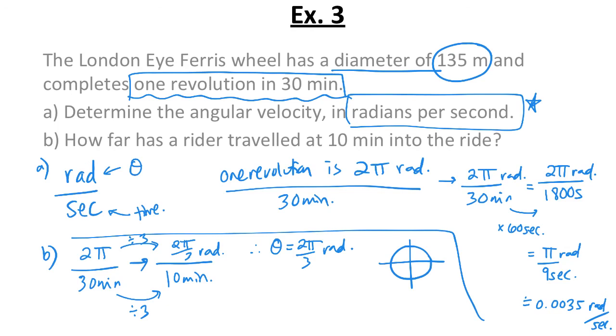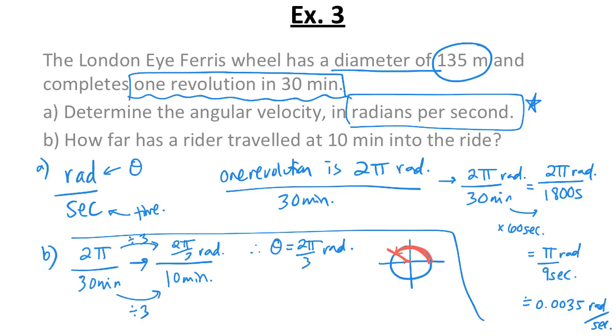Traveling all the way around would be 2 pi, but we are only going 2 pi by 3 radians in that span of time. So that means that we're doing 2/3 of the way around, which is about here. I'm just going to grab a different color. About here, right? 2/3 of the way across here. So this is how far we're rotating.